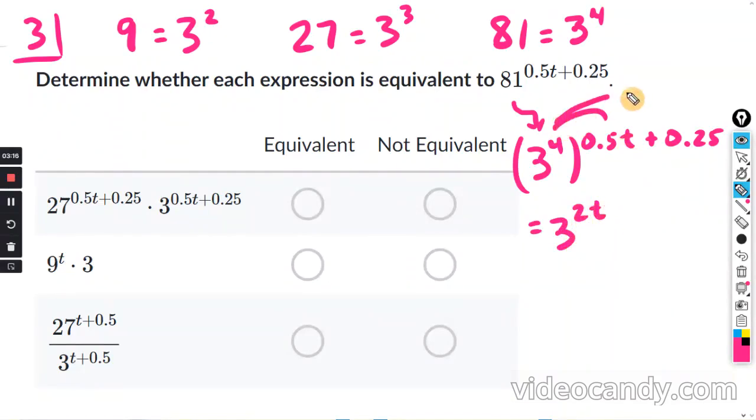And 4 times 0.25 is just 1, so this is going to be plus 1. So the original is 3 to the power of 2t plus 1. Now we're going to work from there. I'm going to erase this because I have the original in terms of the smallest base number.